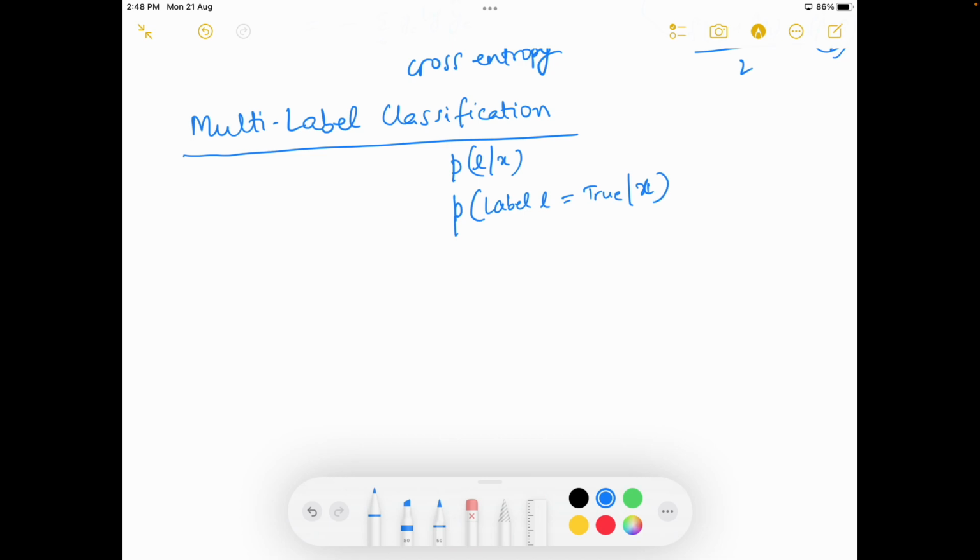The Lth label, let's say my first label is mustache, second label is spectacles, third label is necklace, fourth label is lipstick, etc. So the Lth label is true or not. That could be one PMF. It's a binary random variable. The Lth label is a binary random variable.